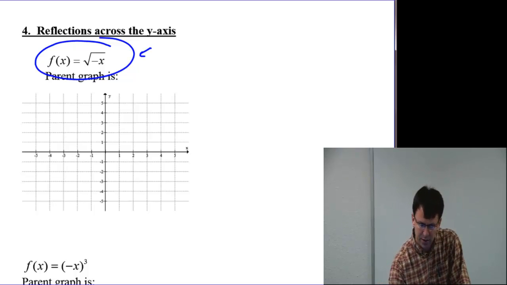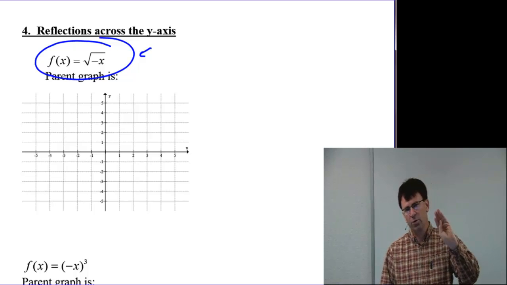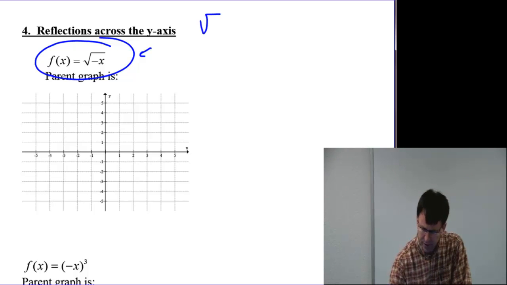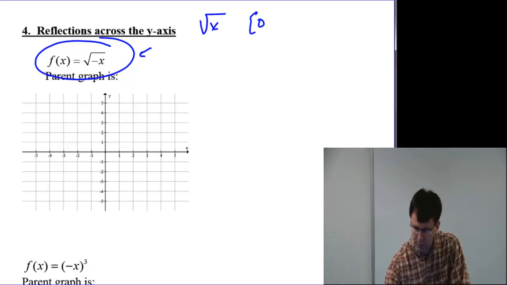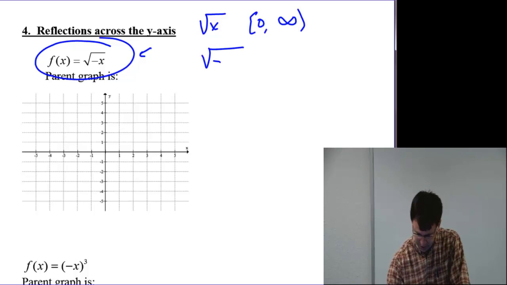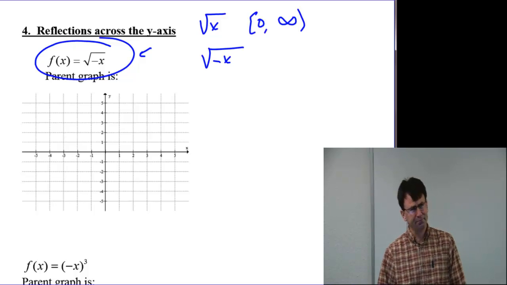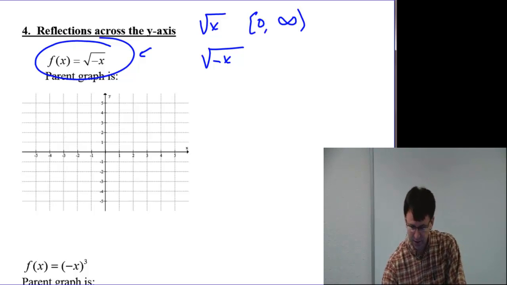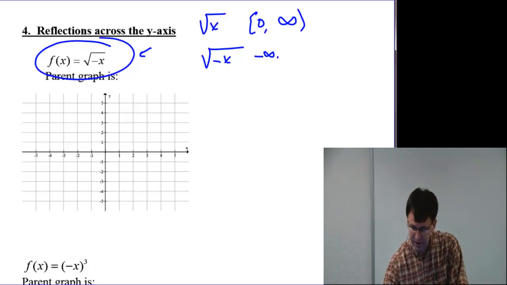And I like to pick on this one because, again, we're dealing with a domain issue. If I talked about the square root of x, we said the domain was 0 to infinity. But if I talk about the square root of negative x, if I put positive values in and I take its opposite, it isn't going to work. So my domain in this case is actually going to be negative infinity to 0, the other way.